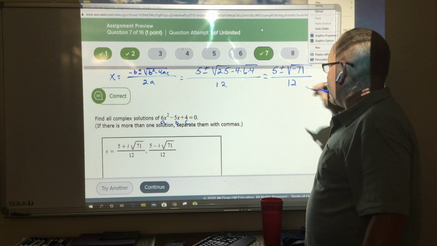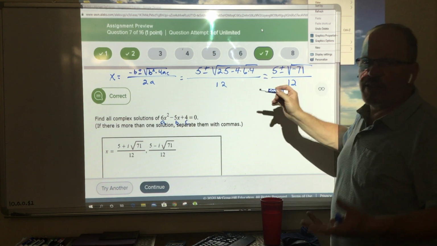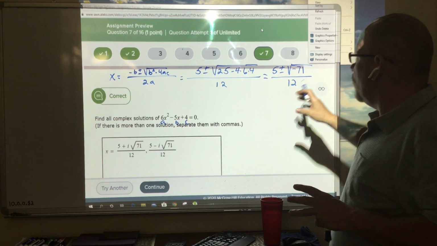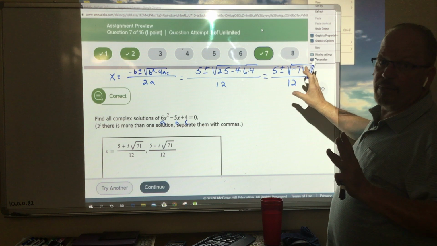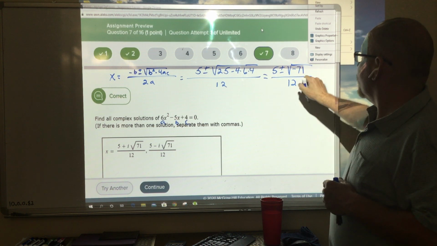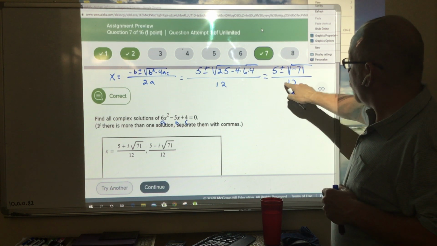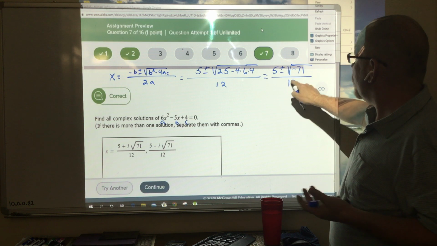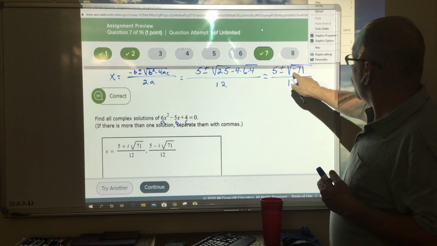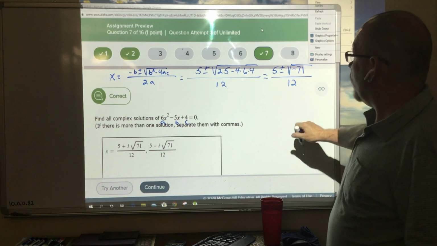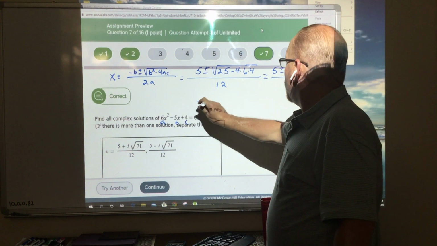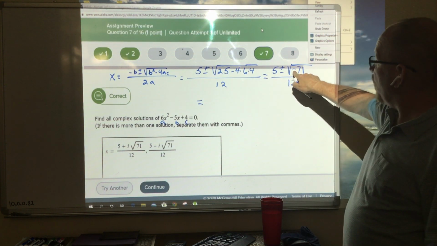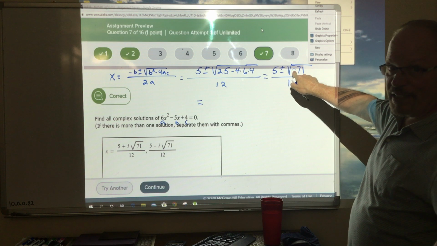Now, you look at that and you think it's ugly, you think I've got some ugly math to do. Not true. We're done, essentially, because it doesn't simplify. 5/12 doesn't reduce. 71, nothing factors out of that. The only thing we can factor out of that is i.